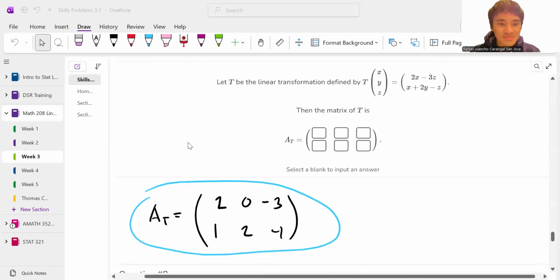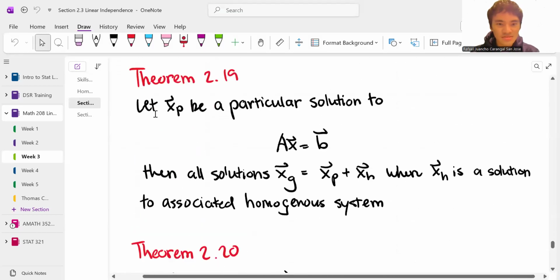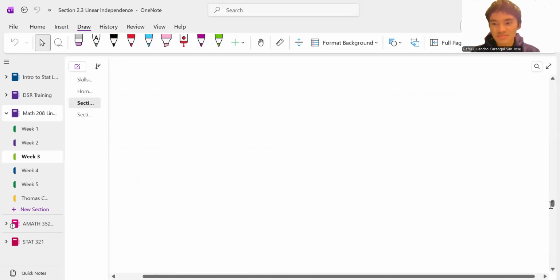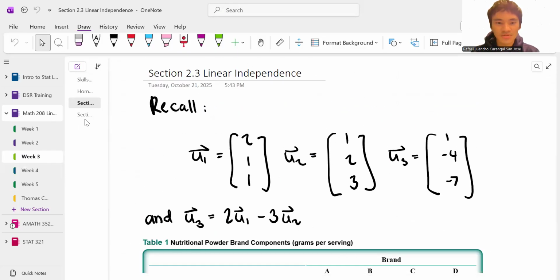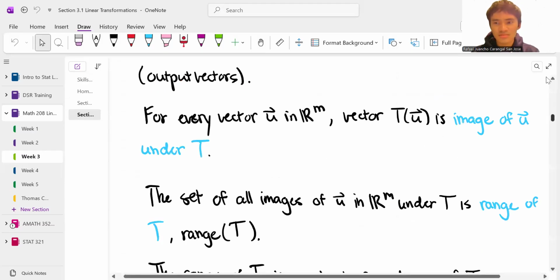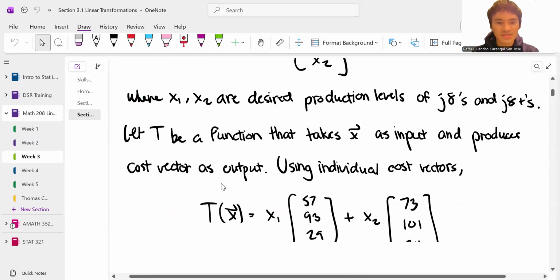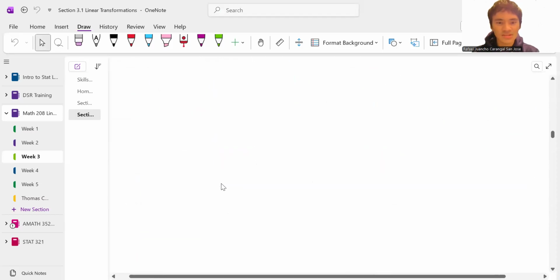Where are you? Is this it? No, this is Section 2.3. What was it? 3.1, Theorem 3.6. Where is that?